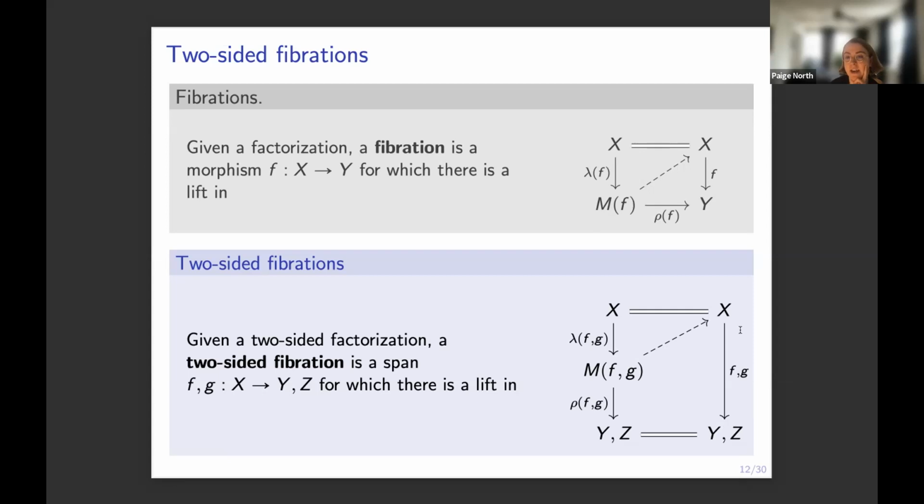And then I'm going to say that a span, FG, is a two-sided fibration if when I put its factorization here, which is a sprout, and identities here and here, so it's a little bit different because there's identity here, then I get a lift here. But we can imagine this diagram being shifted around so that the row FG is on the bottom from MFG to YZ, and then it looks basically the same as this one.